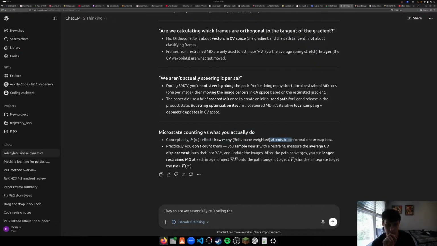Conceptually it reflects many Boltzmann weighted samples. Practically, you don't count them. You sample near Z with a restraint, measure the average, and then turn that into an update of the images.